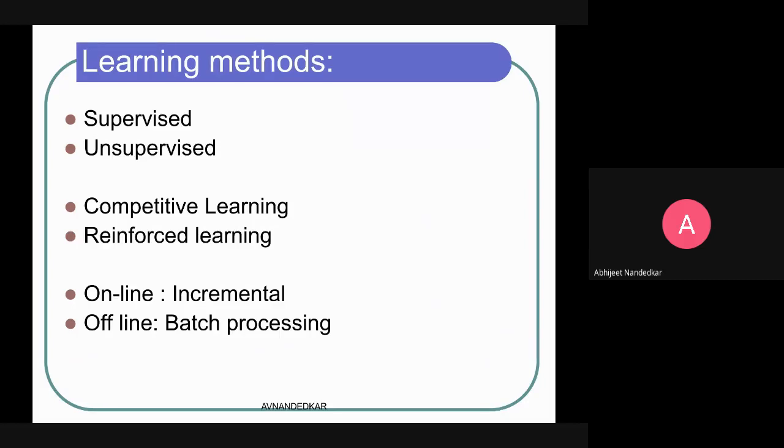If you try to categorize learning rules, you can categorize with the help of certain things, that is supervised and unsupervised. So you will learn with a teacher, or learn without a teacher.